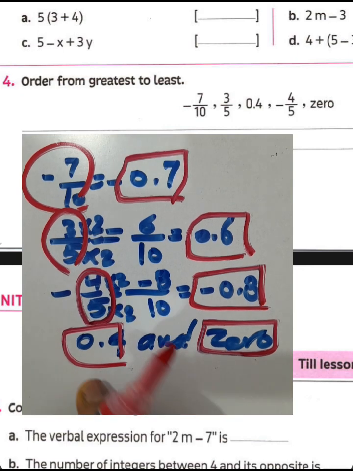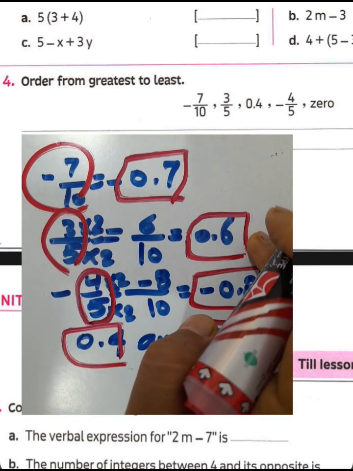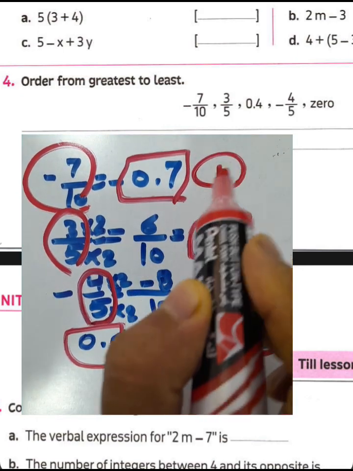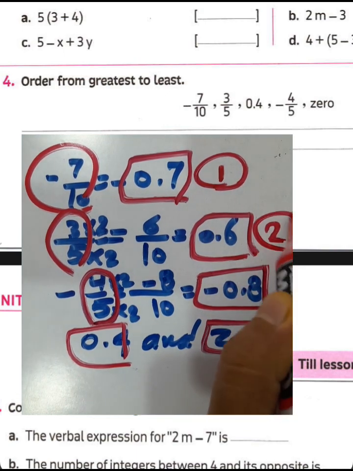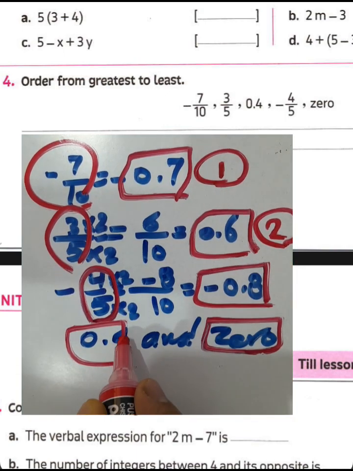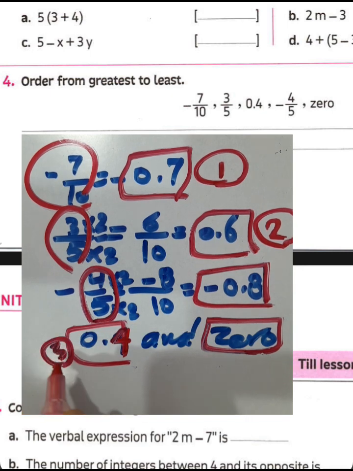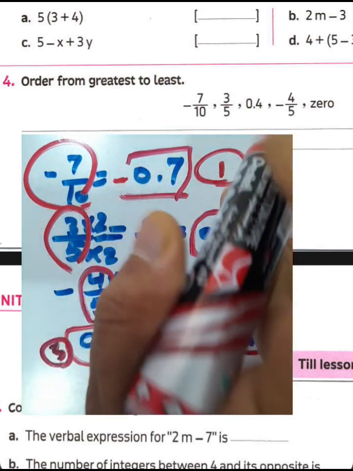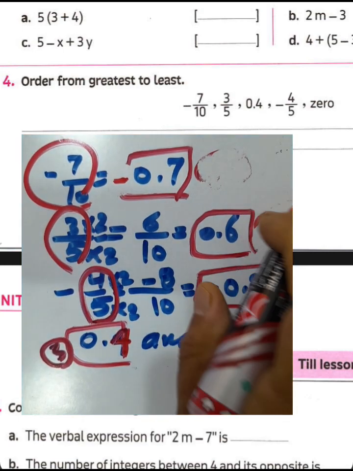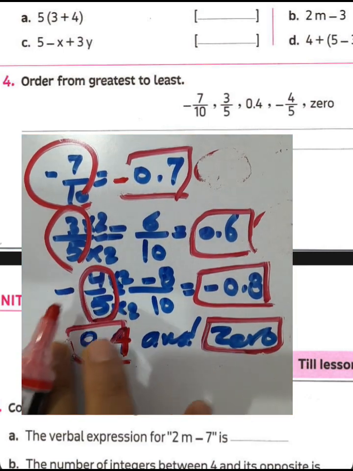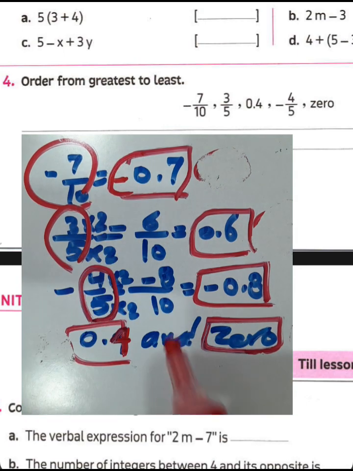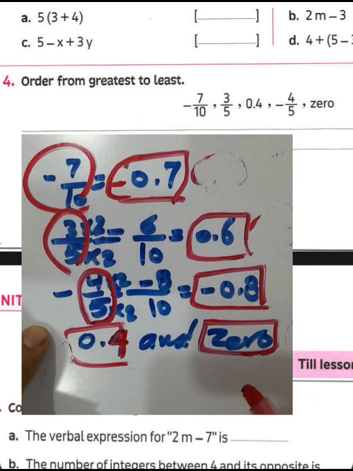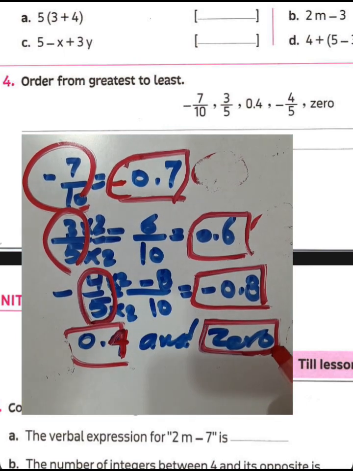We have negative here. Don't forget the sign. We have positive and negative, so you must arrange the positive numbers first.